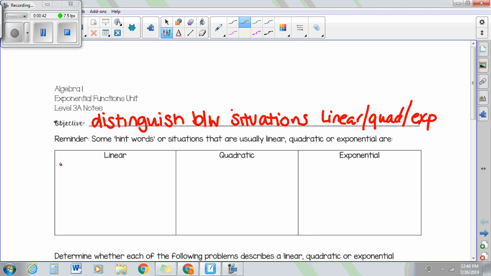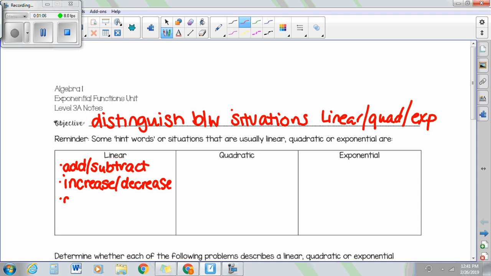If you'll remember, linear is either adding or subtracting the same amount each time. So if you see words that mean add or subtract, that's usually a pretty good hint that it's linear. Along those same lines, if you see the words increase or decrease, and it's by the same amount each time, those are also good words.